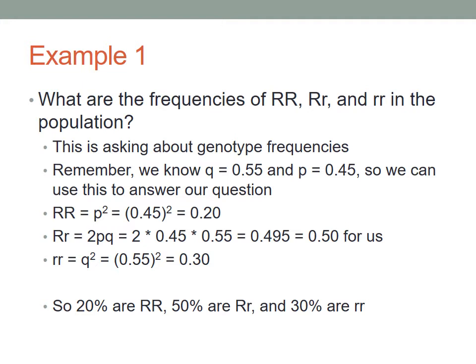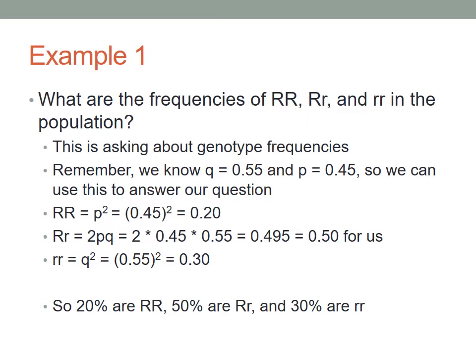And then how about for our homozygous recessive, little r, the greens? Well, it's just Q squared. So you take 0.55 and you square it, and you get 0.3.